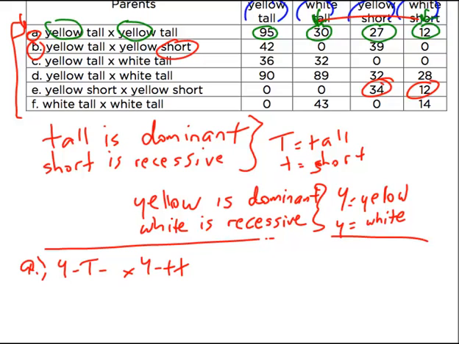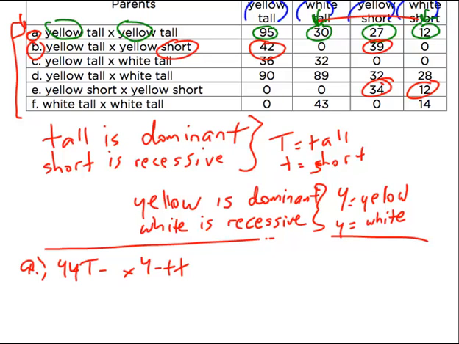We're crossing a yellow times a yellow. What do we get in the offspring in terms of color? Well, we only get two classes, which is interesting, and those are all yellow, and those are all yellow, right? So here's my point.